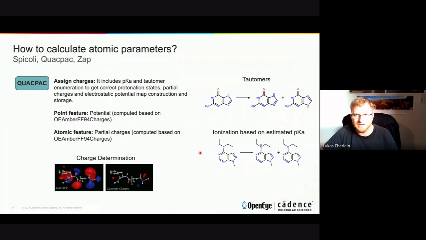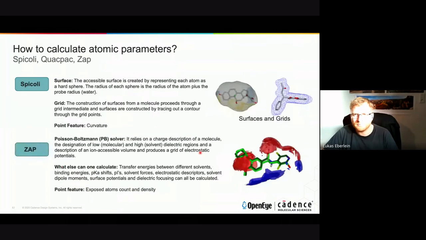For this work, we mainly used our tool QuackPack, which is made to assign charges, predict protonation states and tautomers, and calculate pKa values. From here, we take the point feature electrostatic potential and the partial charges, which are an atomic feature.